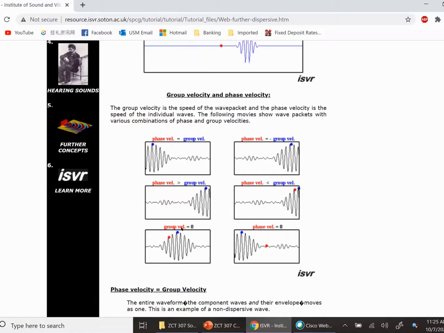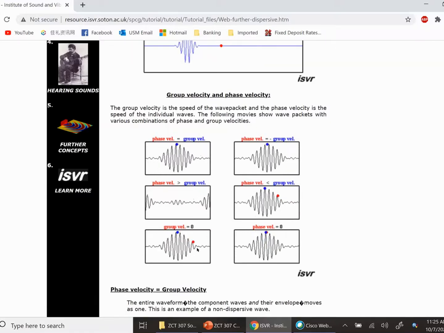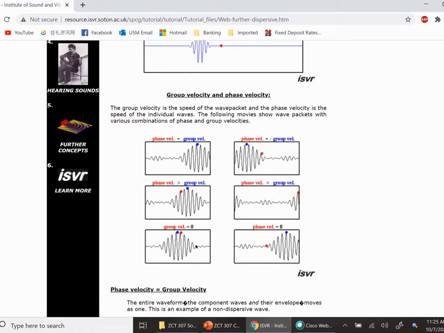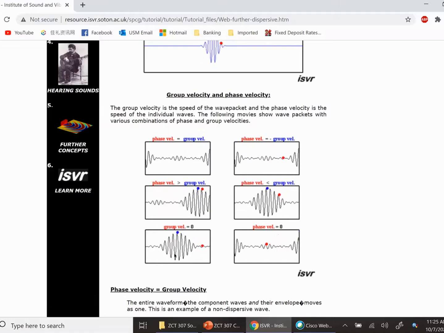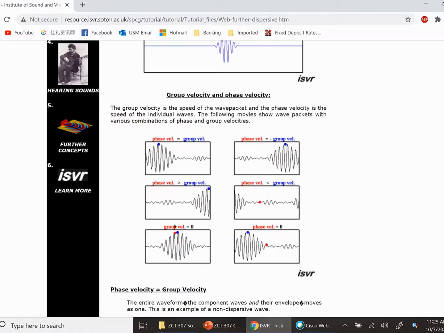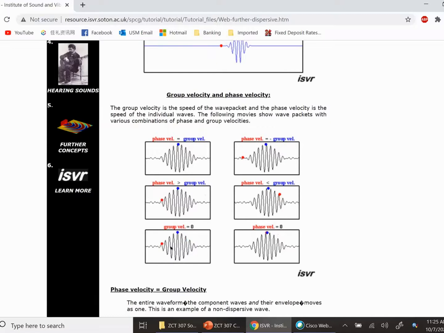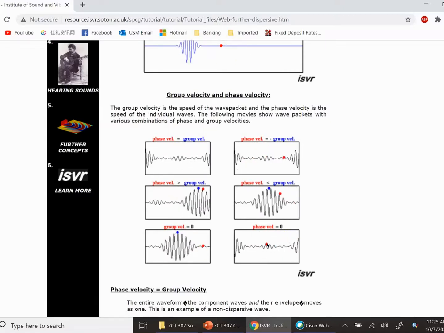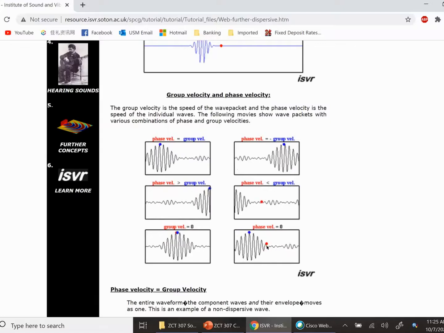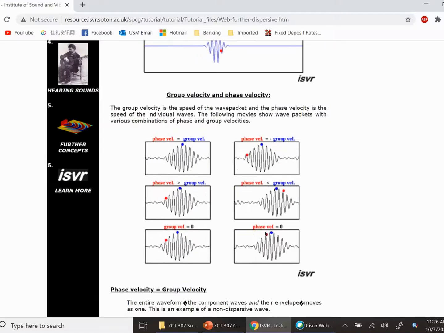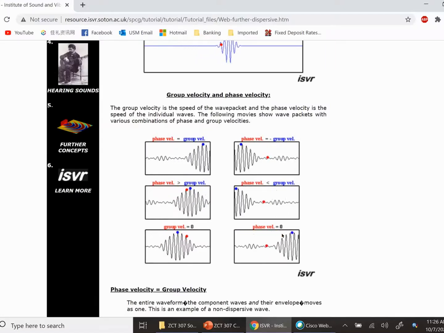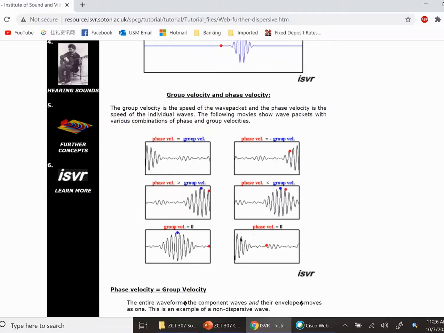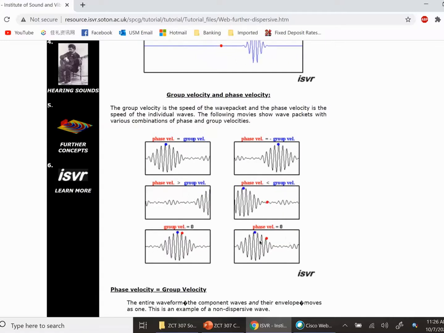Then for this one, the group velocity equals 0, so you can see that the wave packet doesn't move. And for this one, the phase velocity equals 0, so you see that the position of the red dot doesn't move. The phase velocity doesn't move, but the big wave packet, the blue dot, is actually moving.